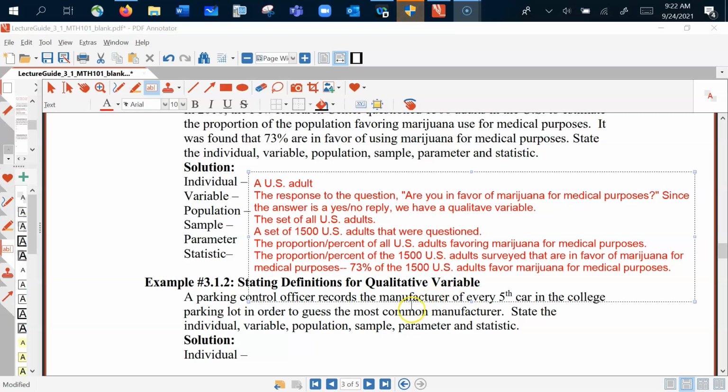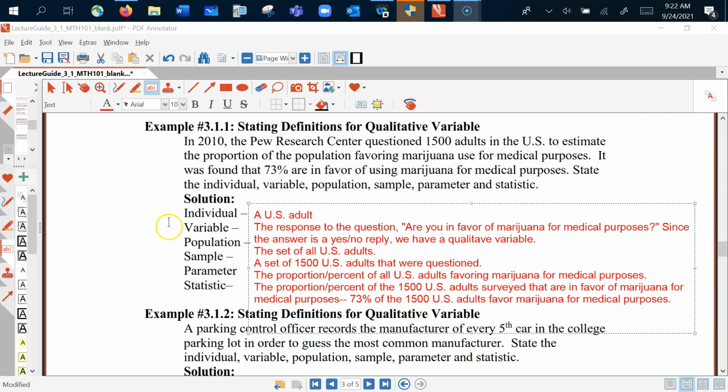In recap, for this particular example, the individual is a U.S. adult. The variable is the response to a question, are you in favor of marijuana for medical purposes? Since we know the answer is a yes/no reply, we determine that this is a qualitative variable. The population is a set of all U.S. adults. The sample is the set of 1,500 U.S. adults that were questioned.